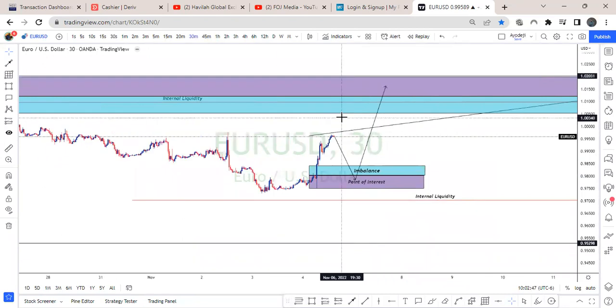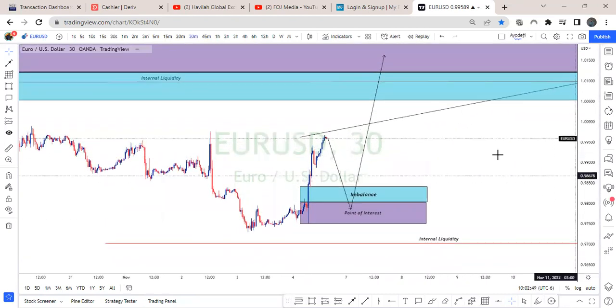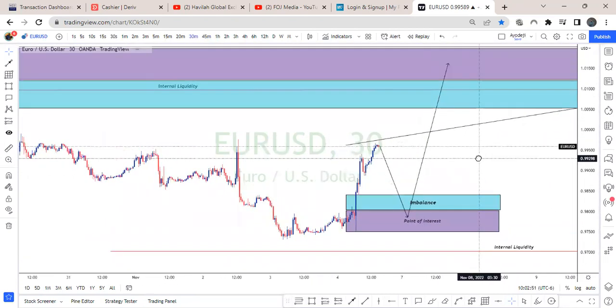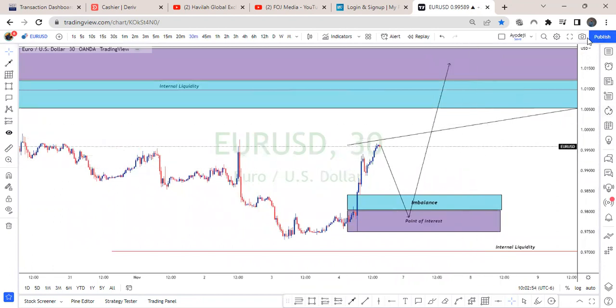So this is what I have for the DXY pair. Let me copy this and save. That's what I have for the DXY pair.